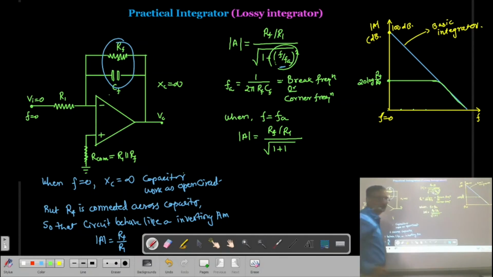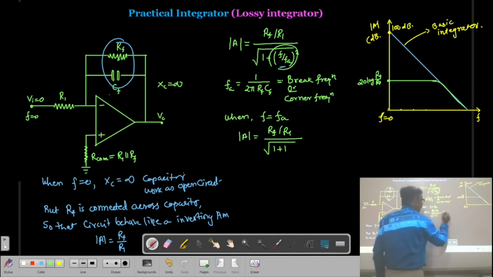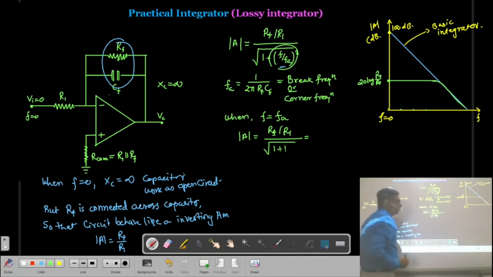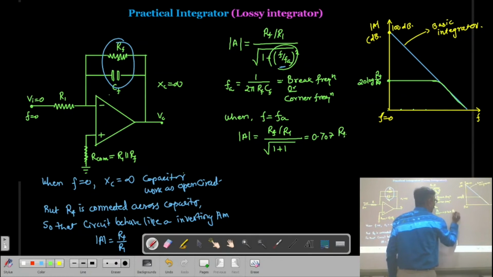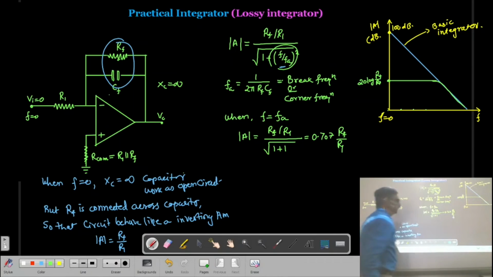Here f is equal to fa, so under root of 1 plus 1, so under root 2, and 1 upon under root 2 is nothing but 0.707 Rf by R1.